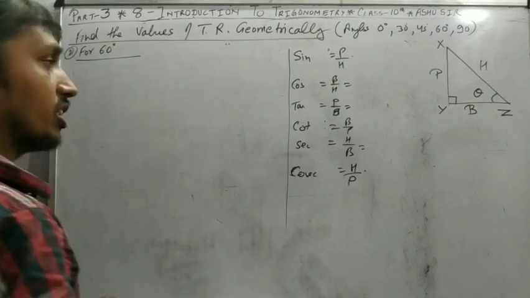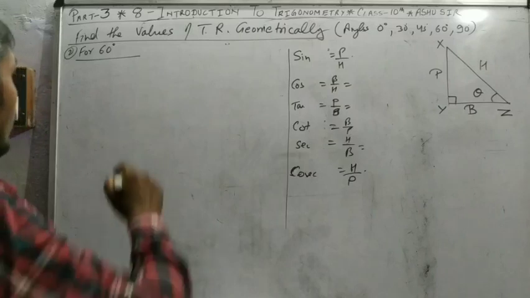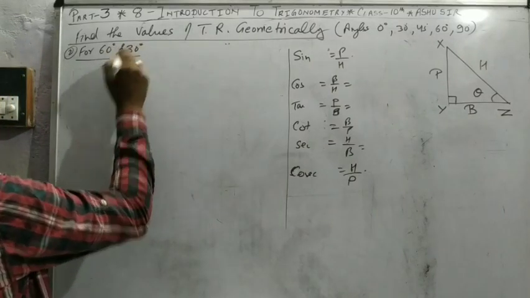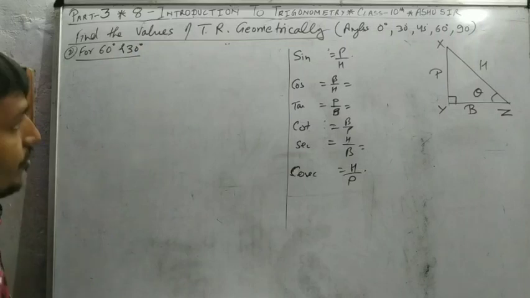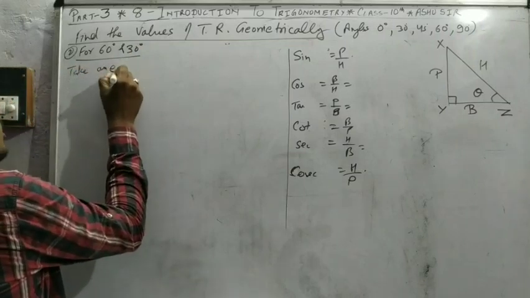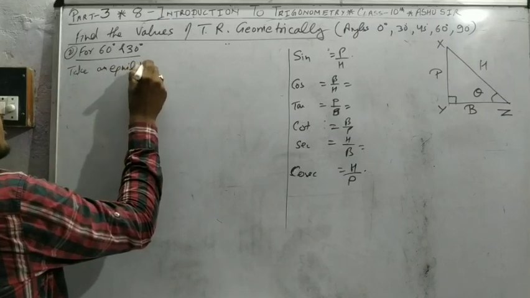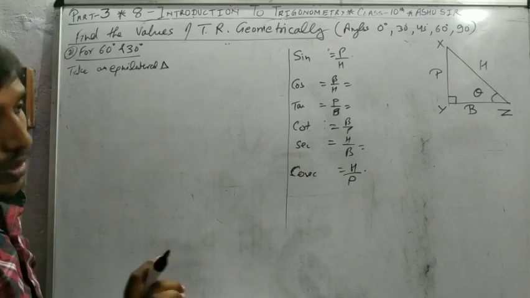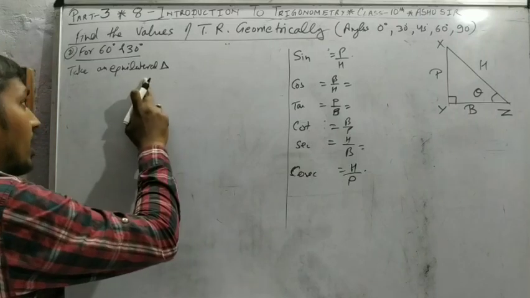Next we take the 60 degree angle. For your information, 60 degrees and 30 degrees are formed by using the same figure. Take an equilateral triangle. If you do not understand, I will explain why we take an equilateral triangle.